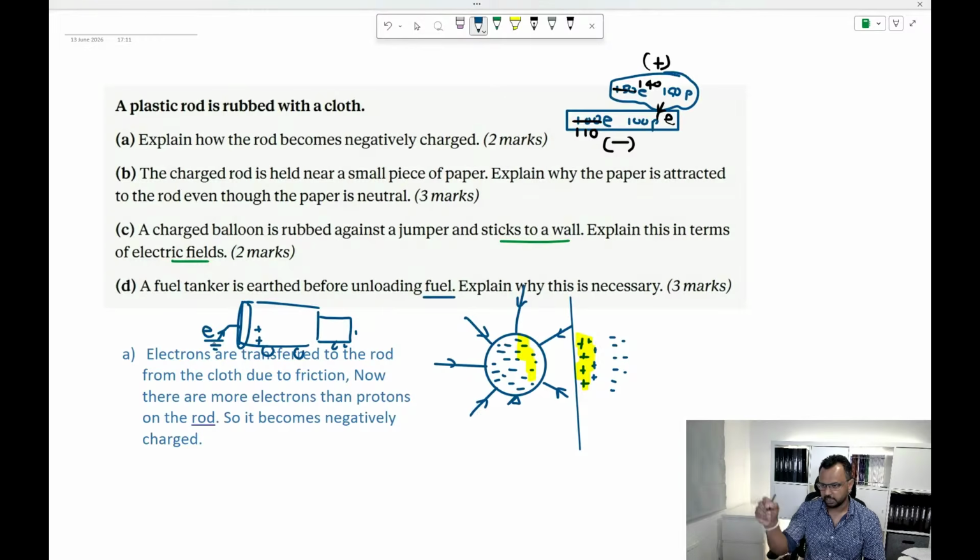There are usually wires connected to a metal rod, and you can just bring it and clip it to the body of the tanker so that it is earthed, to make sure that any charge built up during the movement, when it moved through air, obviously not when it was driving, is neutralized, minimizing the chance of an electric spark, which can be very dangerous because fuel is flammable. 3 marks.